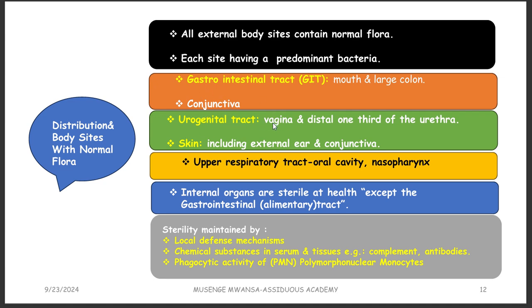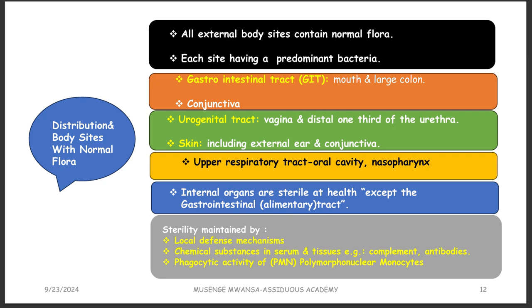and the vagina. The skin, including the external ear and the conjunctiva, has bacteria. The upper respiratory tract, starting from the oral cavity and the nasopharynx, all have bacteria, but not the lower respiratory tract. Internal organs are sterile in health, except the GIT, which is not sterile.